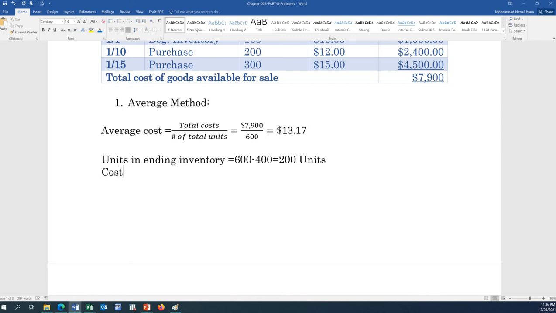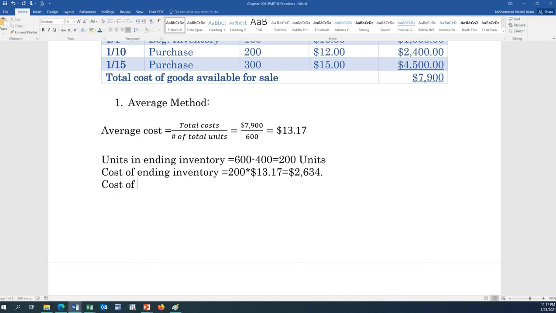So the cost of ending inventory would be 200 multiplied by the average cost per unit. So the total is going to be $2,634. This is the cost of ending inventory.